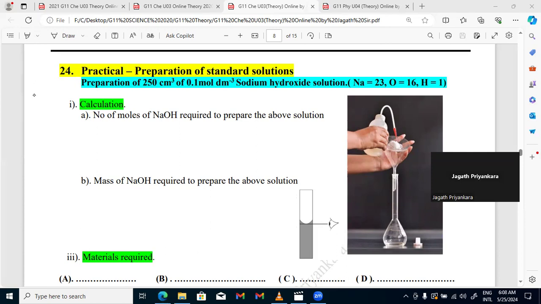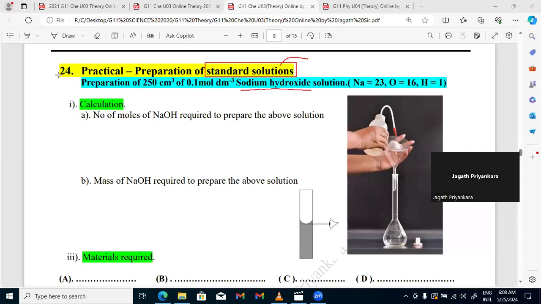The mass of NaOH required. Now, what solution are we going to prepare? A sodium hydroxide solution with a definite concentration. What is a standard solution? A standard solution is one where the concentration is accurately known.